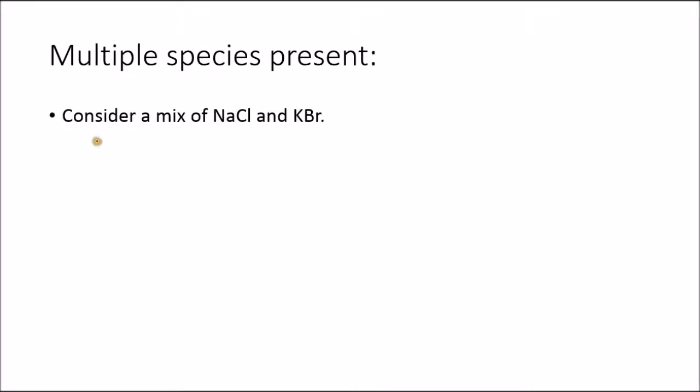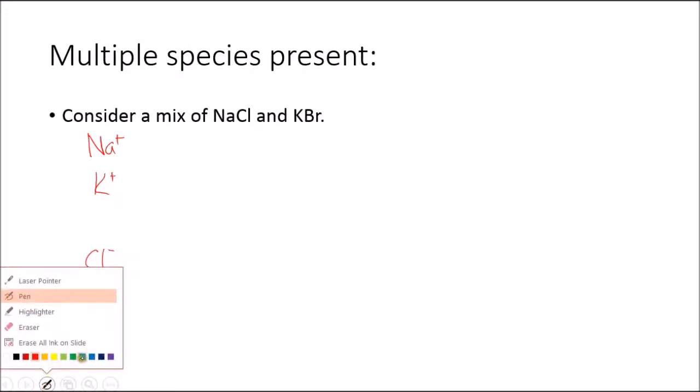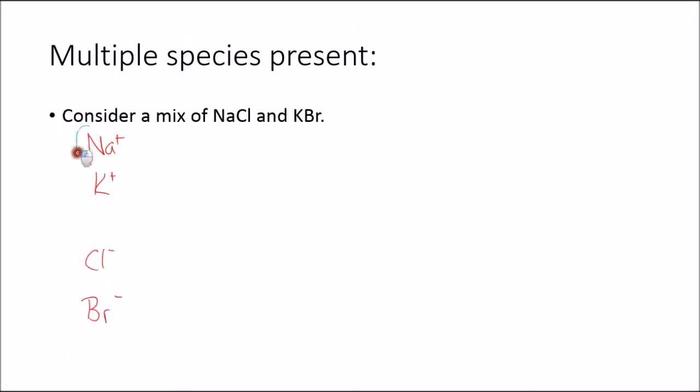So what I'm going to do, I'm going to write first the metal ions together and the halide ions down here together, and we're going to think about what's going to happen to these. Now we know that these two can be reduced, so the reaction that would need to happen to these two would be reduction.